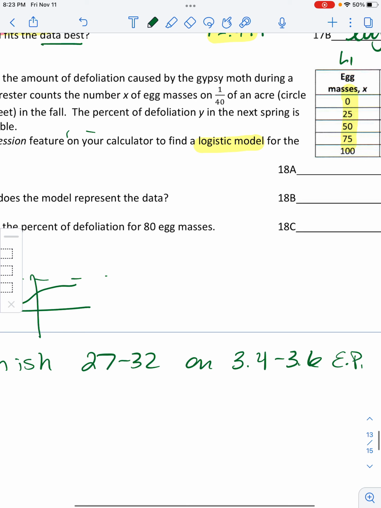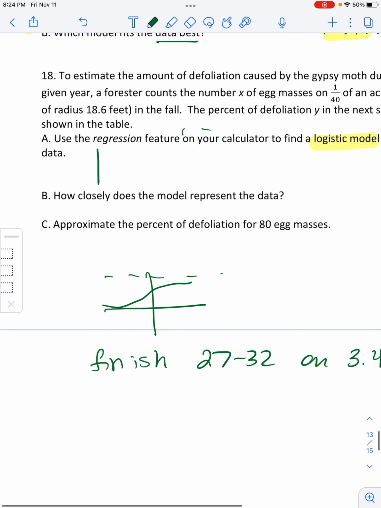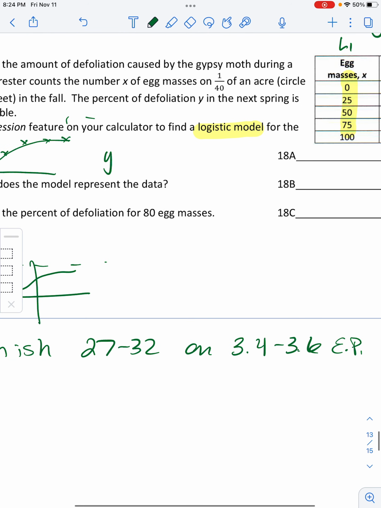So I ended up with a graph that looked kind of like this, and then it had a point, and then a point, and then a point. So my logistic was going to come in here and then swoop up there. When I did the equation, it gave me a C value, which was like, I feel like that's not right.